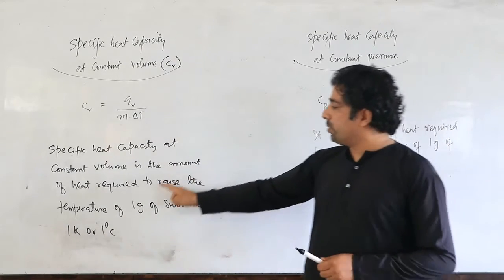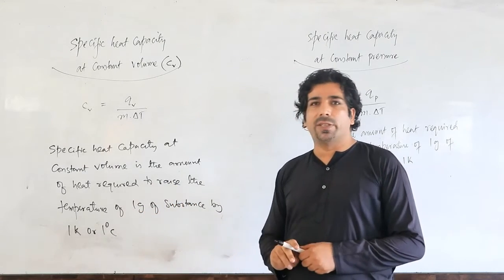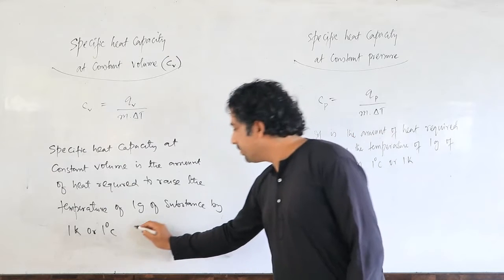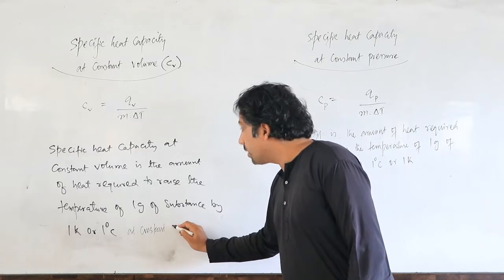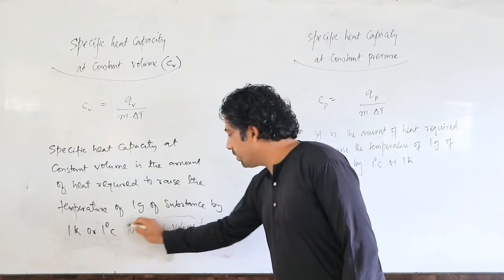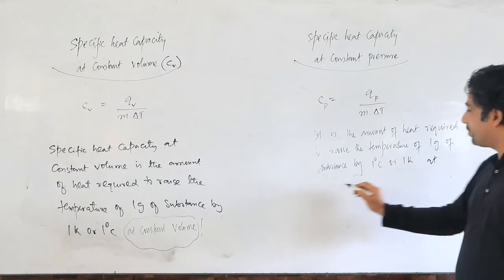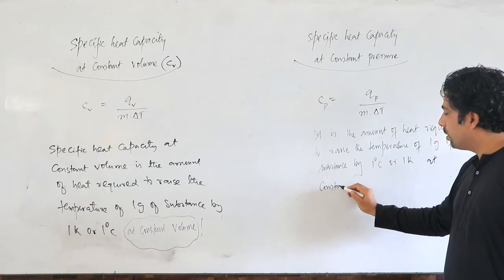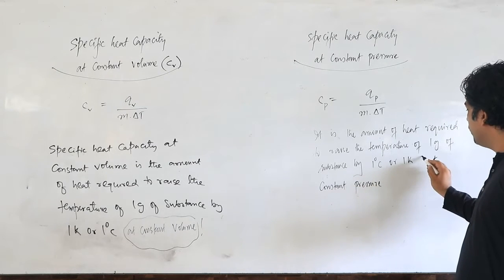So it's the amount of heat required to raise the temperature of 1 gram of substance by 1 Kelvin or 1 degree Celsius. I should mention this is important here, at constant volume. This term is important, please remember. So here at constant pressure, this term is important.